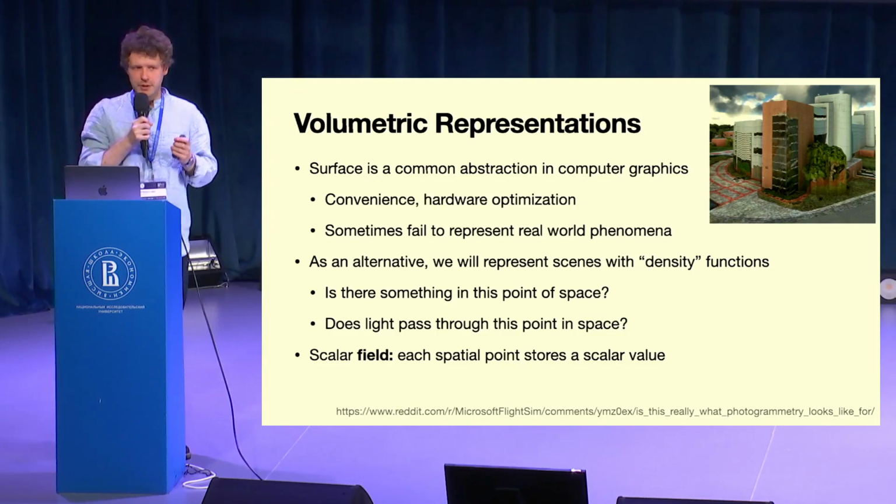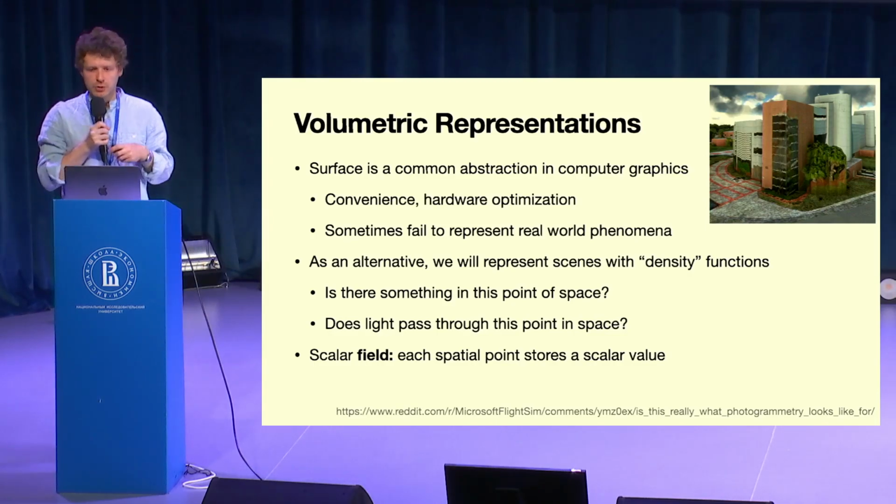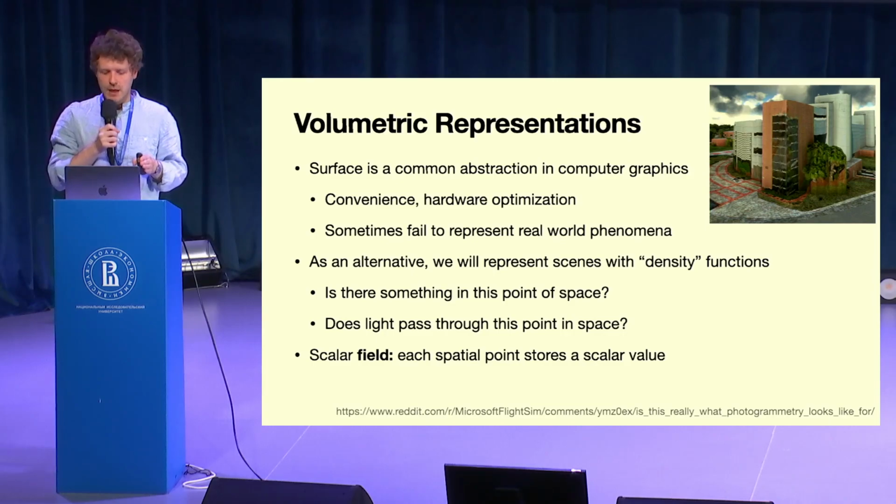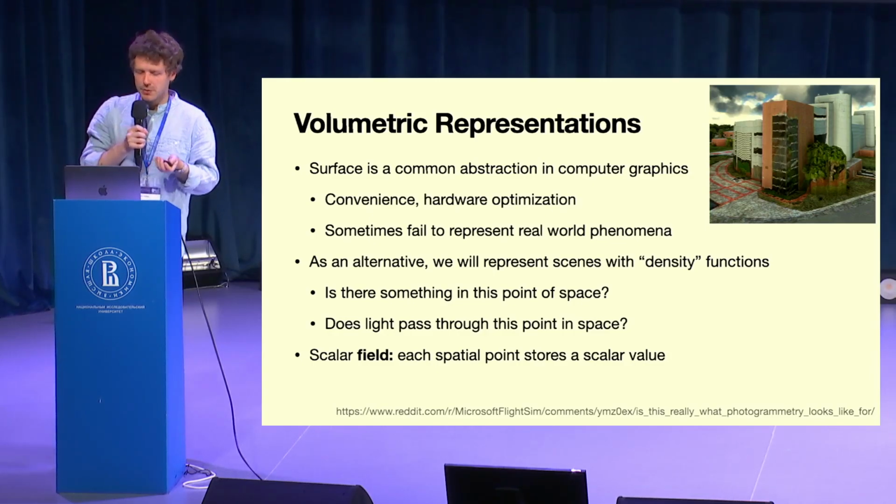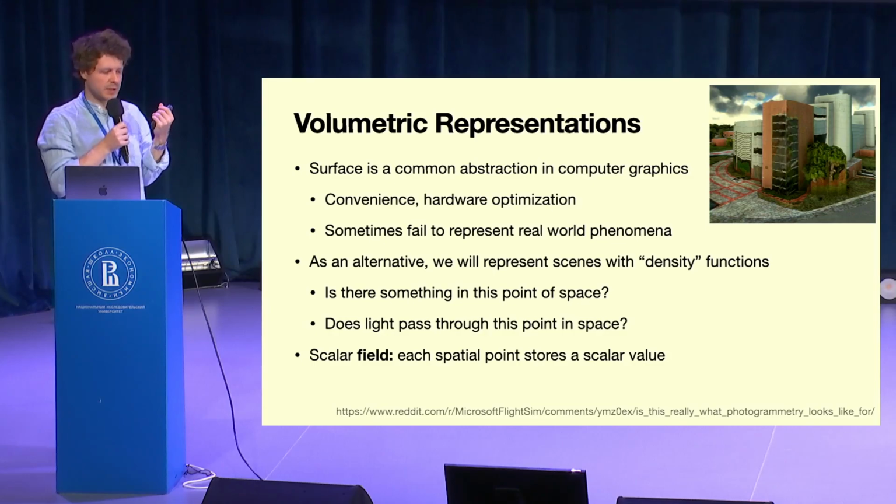I will foreshadow the terminology I will use for these kinds of functions. I will say that this function is a scalar field. A field is a term which is common in physics, which essentially is another name for a function that takes a point, for example, in space, and returns a vector or a number. So this is a scalar field which takes a 3D point and returns a number.